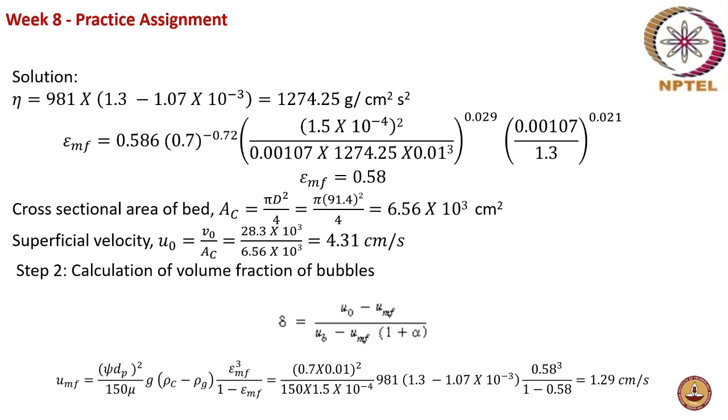So we have all the parameters in this expression, correct. We have the value of your sphericity, the diameter of the particle, the acceleration due to gravity, the density values, the porosity at minimum fluidization, and also the viscosity. So substituting all these terms, we get the minimum fluidization velocity to be 1.29 centimeter per second.